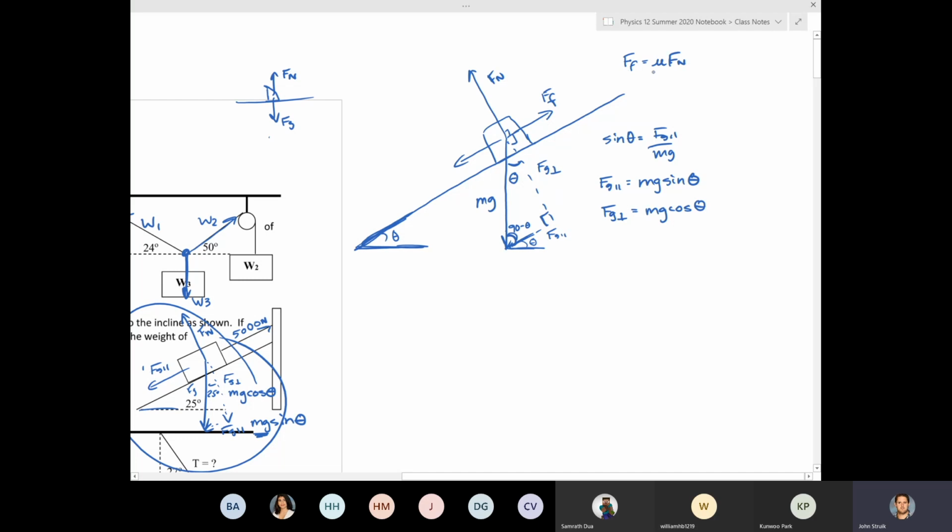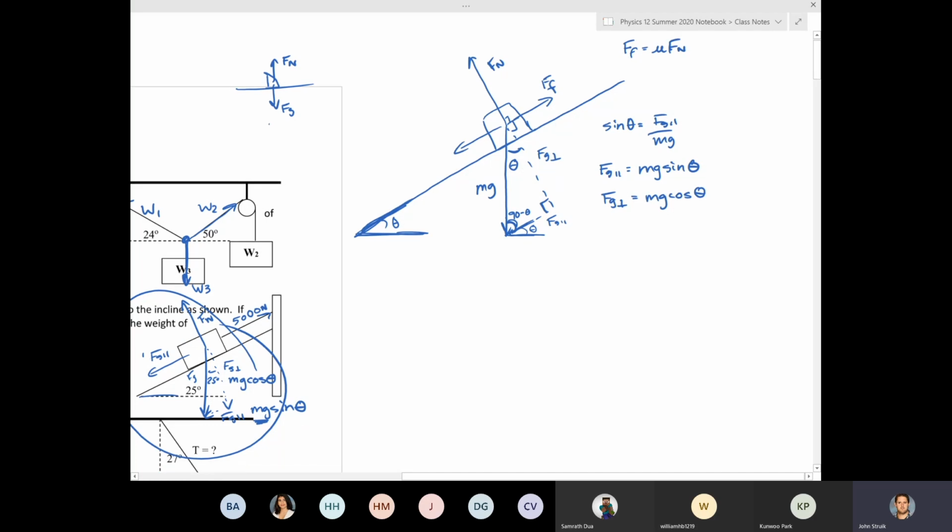So FF is always mu Fn. If you have an object that you're pushing on a level surface, let's say we're pushing it this way with an FA, and there's FF going that way, then FF would equal mu Fn. But in this case, your FG and your Fn are the same thing, so we always change this to mu mg.